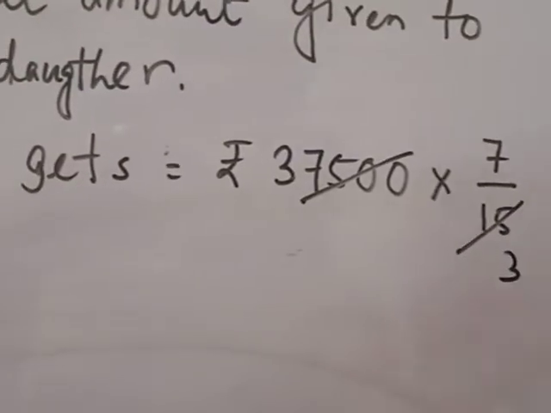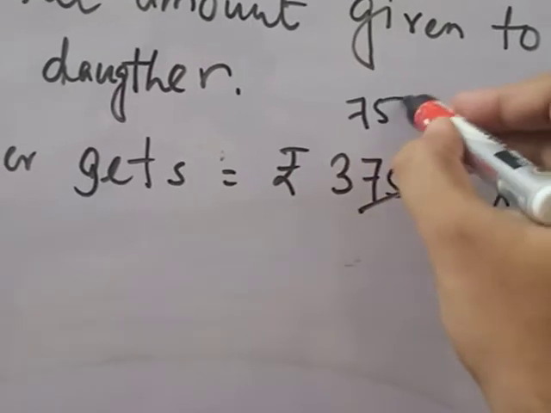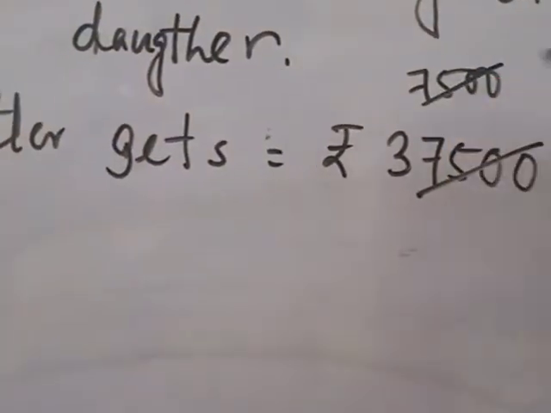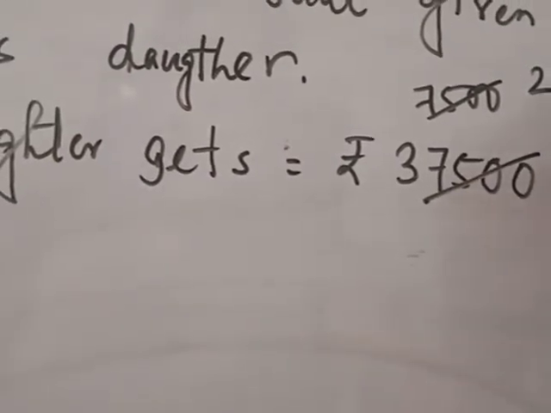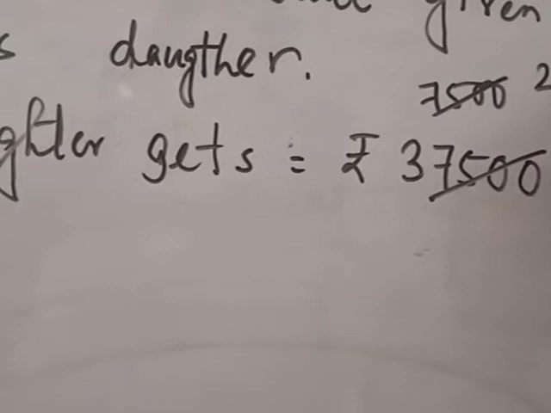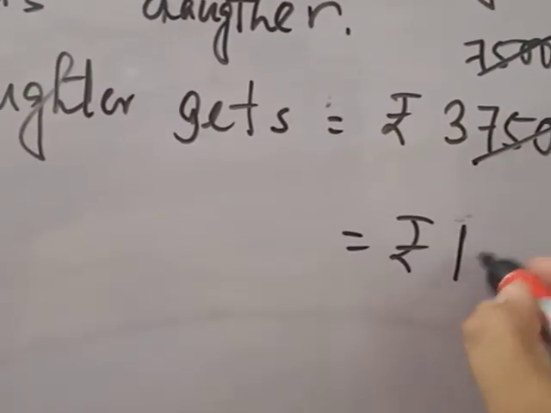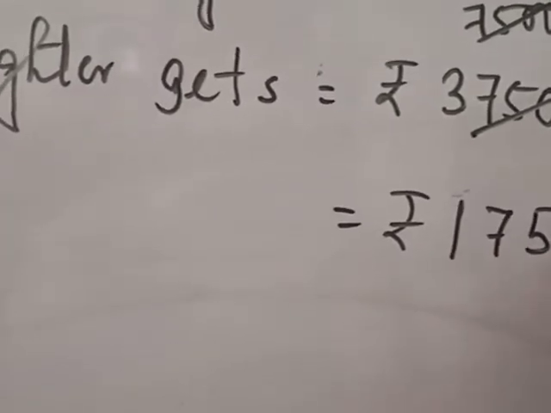So 3, and this is 7500. And if we cut again, we get 2500. So that amount is 17500.